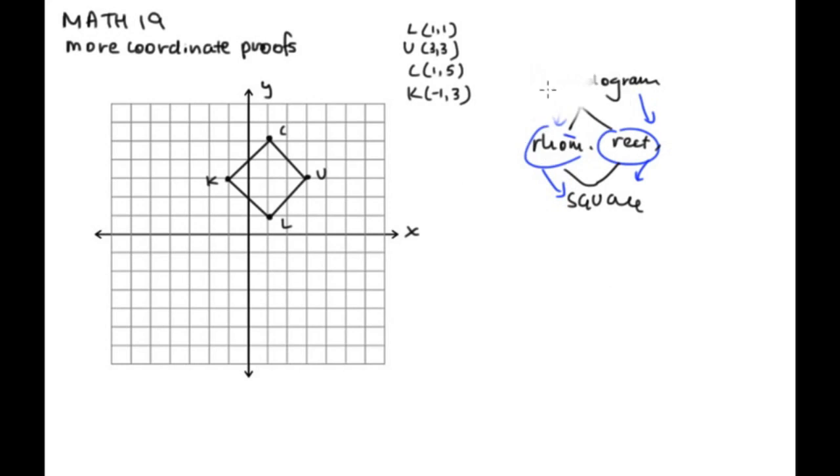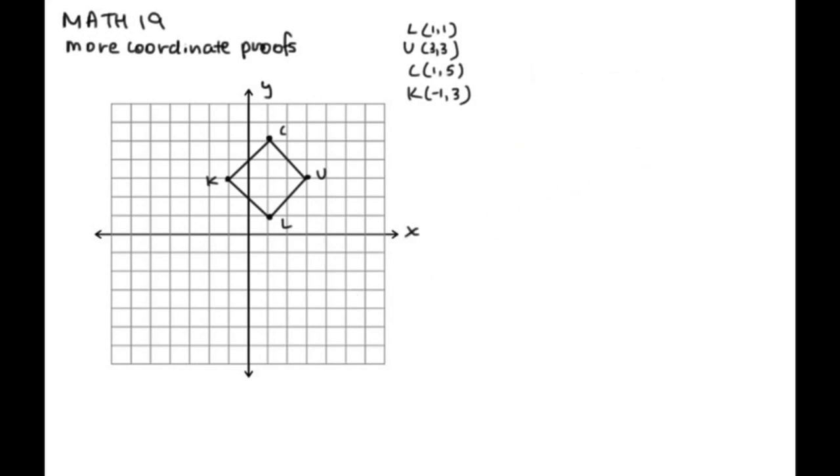But first we know that the first step is given. We need to prove it's a parallelogram, so let's do that. We can do that with slope. So let's take the slope of KL, and that's 3 minus 1, negative 1 minus 1, 2 over negative 2, negative 1.